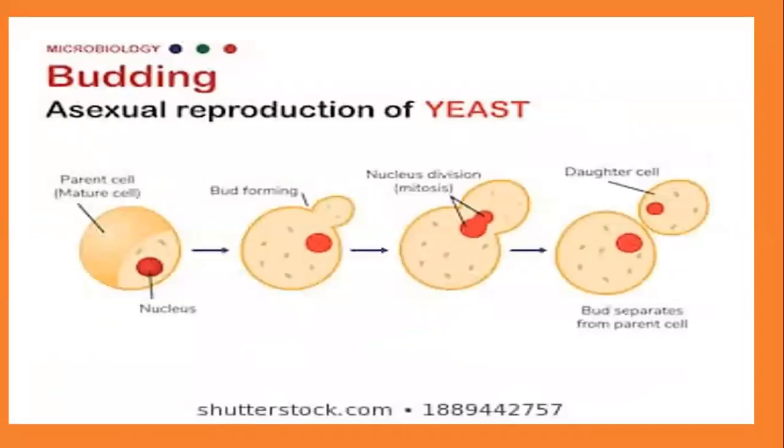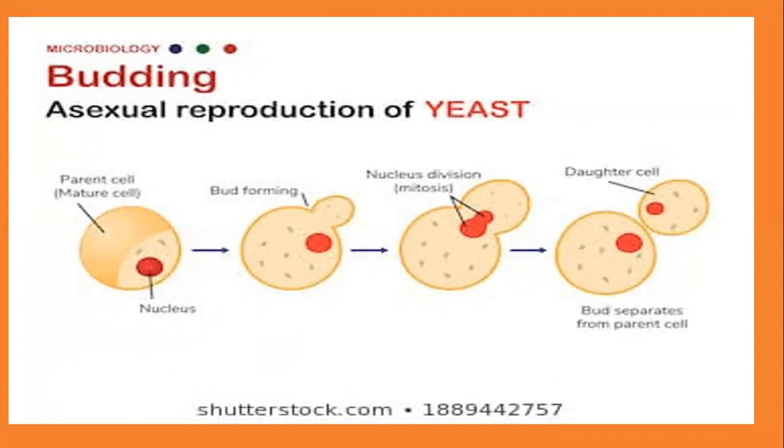The next in the list is budding. In the process of budding, an outgrowth called a bud arises from the surface of a parent body. This bud grows bigger with the accumulation of cytoplasm, and the nucleus also divides, which further passes on to each end.